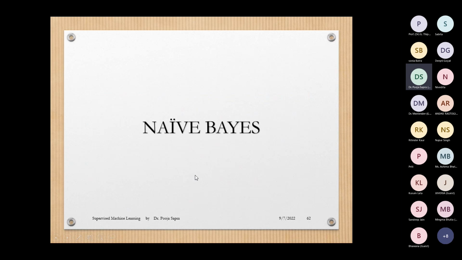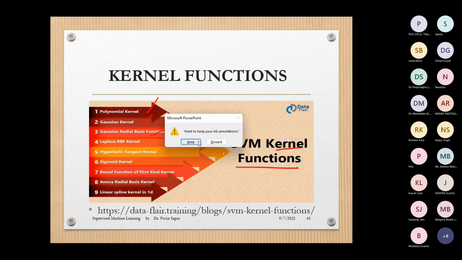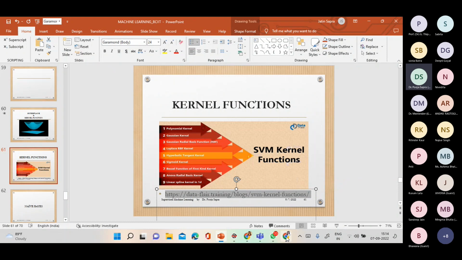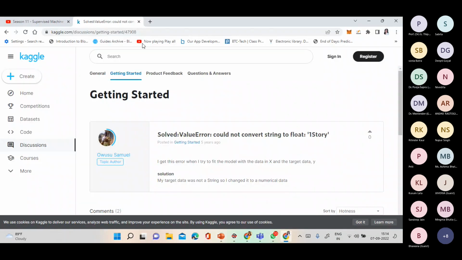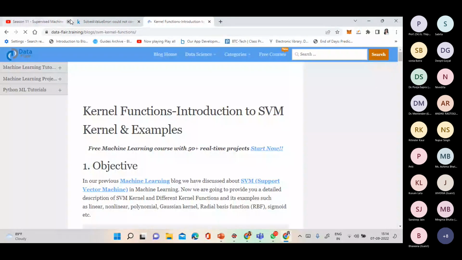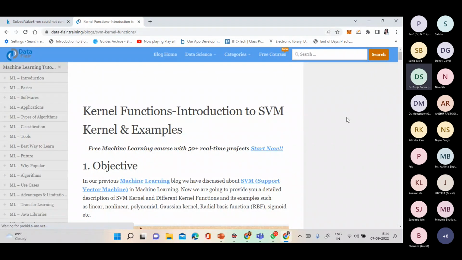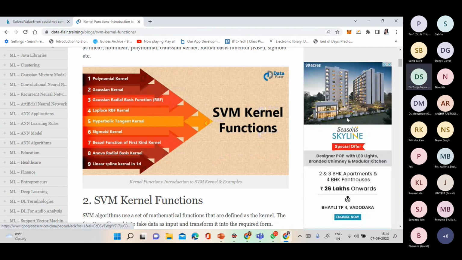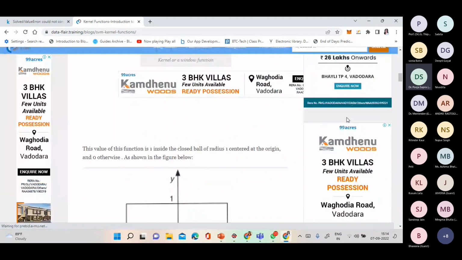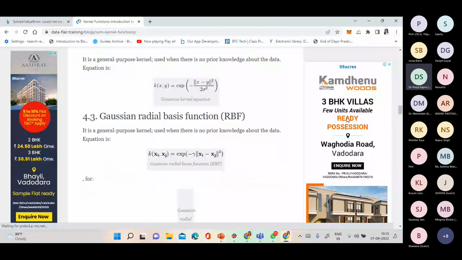You can check this website, DataFlair, SVM kernel functions, from where you can get many different kernel functions and see how they work.